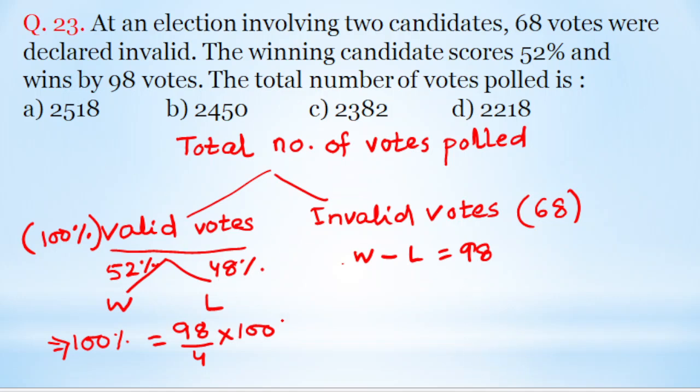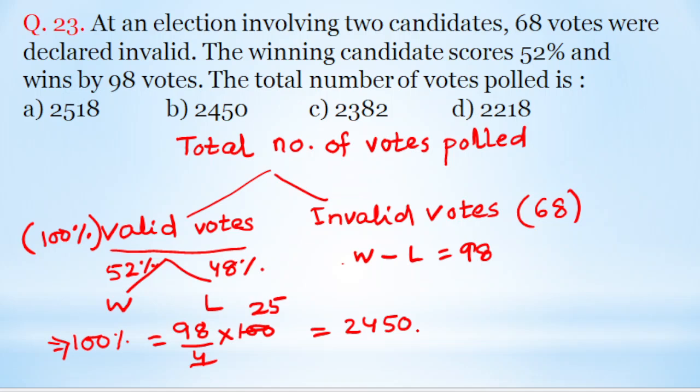When this 100 is cancelled by this 4, it becomes 25. So 98 into 25 is equal to 2,450.